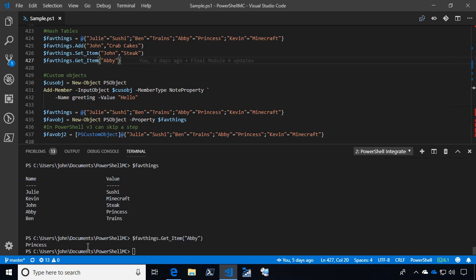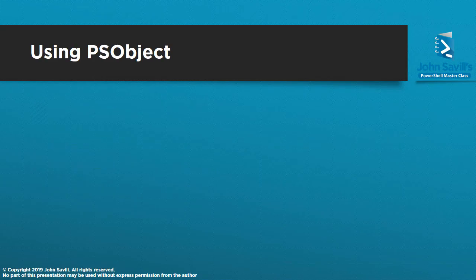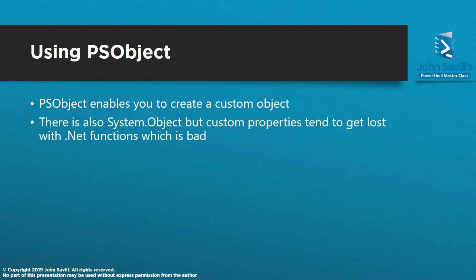But I can make it more powerful. One of the things I can do is create it and convert it into a PSObject. So PSObject lets me create my own custom object. There's also a system object, but custom properties tend to get lost with .NET functions, and that's kind of a bad day. I don't want to lose anything custom I add.